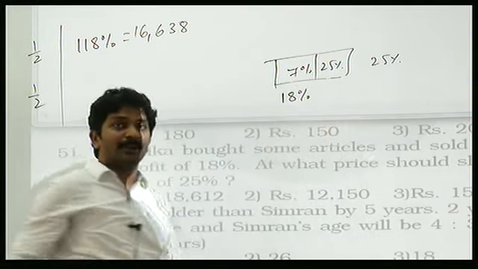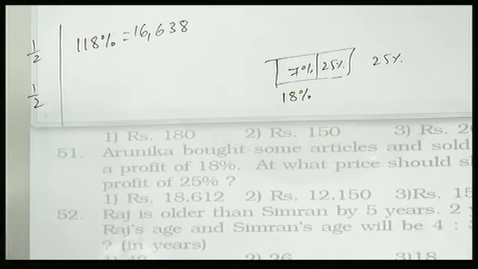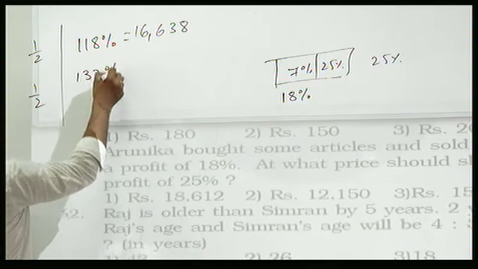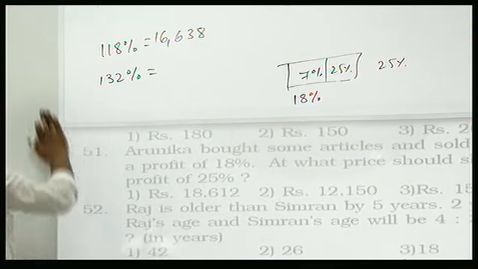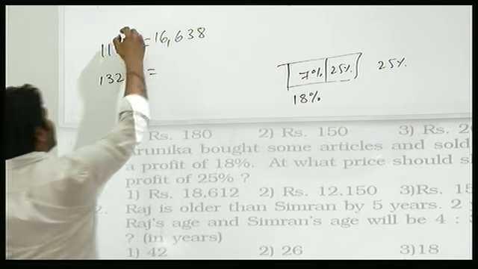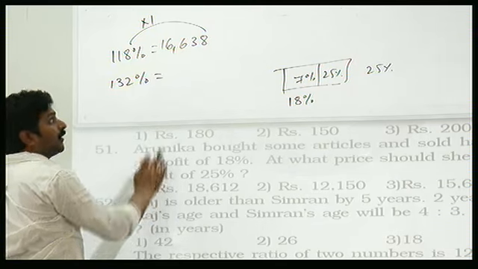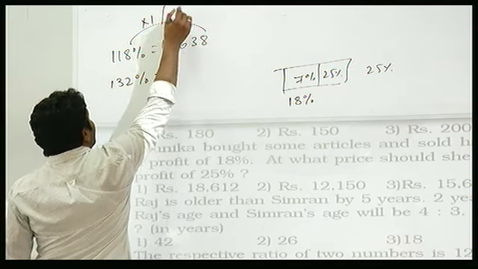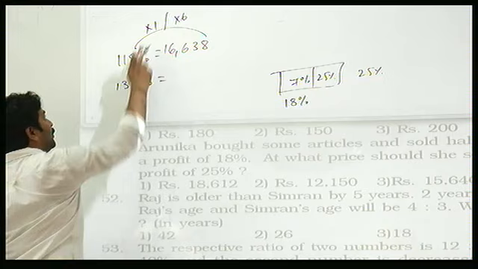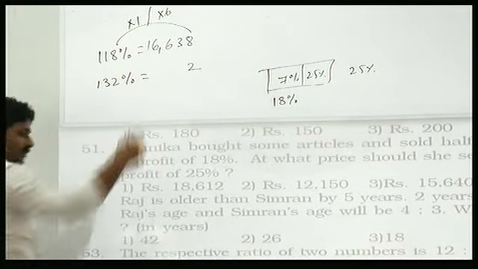25 plus 7, 32. So you need to sell the remaining goods at a profit of 32%. So that becomes 132%. Yes or no? You have 8, ends with 8 into 1 or into 6. 2 into 1, answer ends with 2.